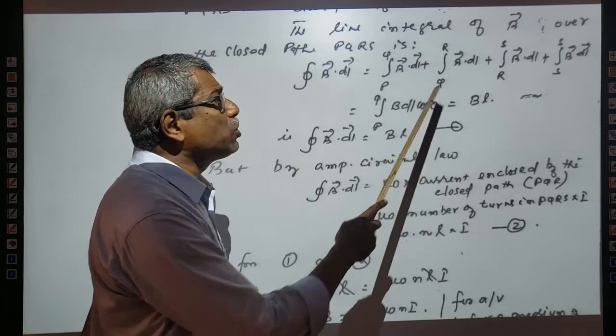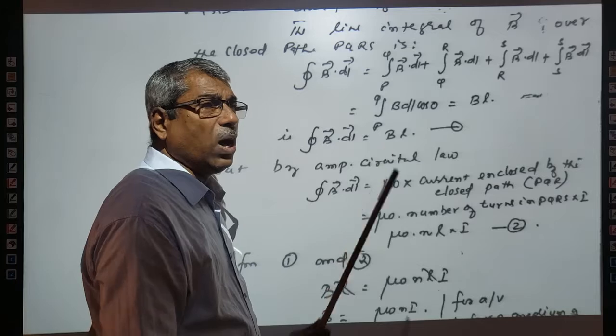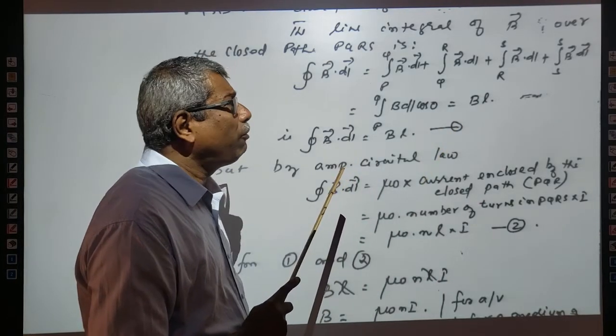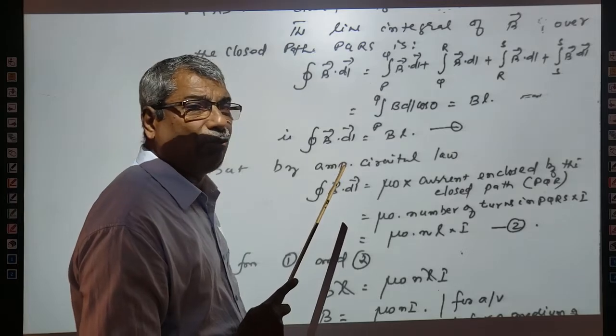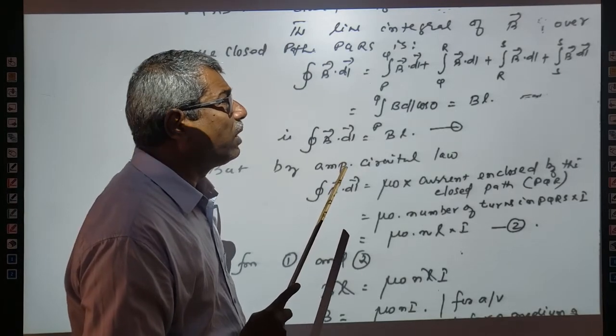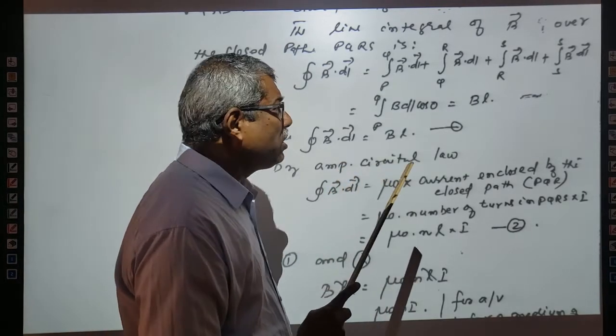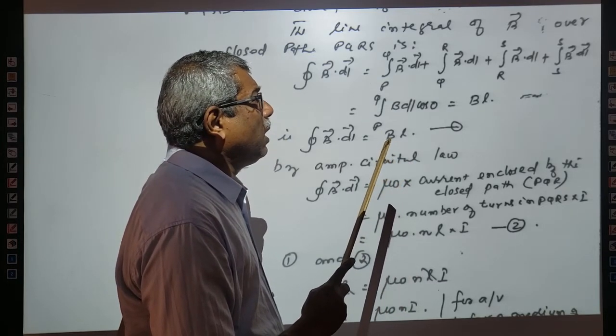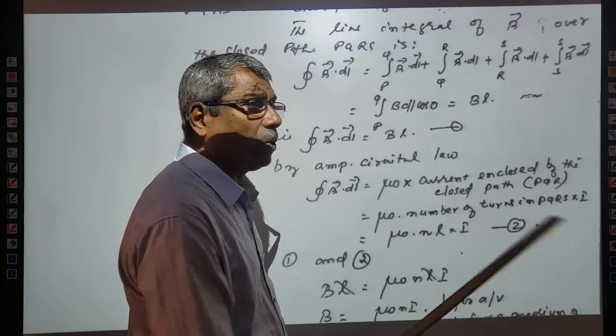Why that? Because Q to R, QR is perpendicular to the direction of the intensity of magnetic field. Perpendicular means theta is equal to 90 degrees. Therefore, B dl cos 90 is equal to 0.